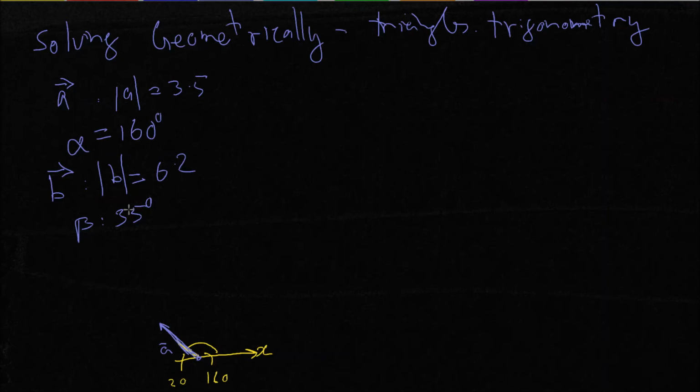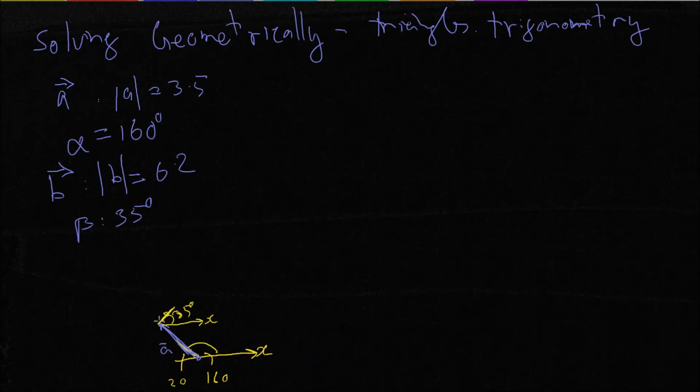And then we have our vector B. Once again, we need to add them head to tail. So we know our vector B is going to start from here and go roughly in this direction. So if I draw another x-axis here, our angle for vector B is 35 degrees, and that means it looks about like that.